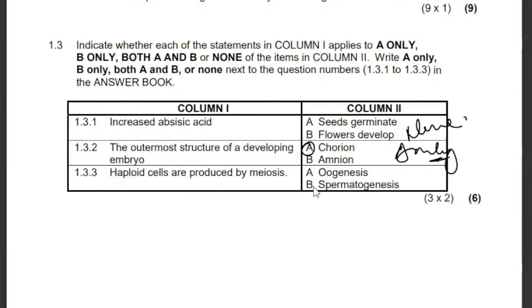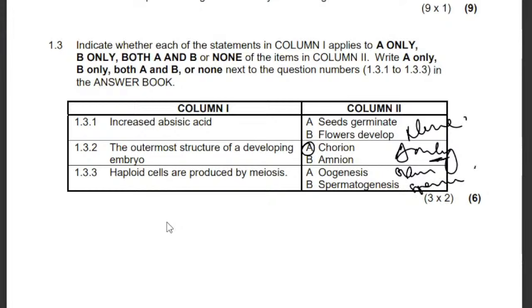Haploid cells are produced by meiosis. Yes. When you talk about haploid cells being produced by meiosis, so what does it mean? Here they're asking you how do you call those haploid cells? So we expect to have the ovum, and the sperms, or spermatozoa. But here they are saying the haploid cell.